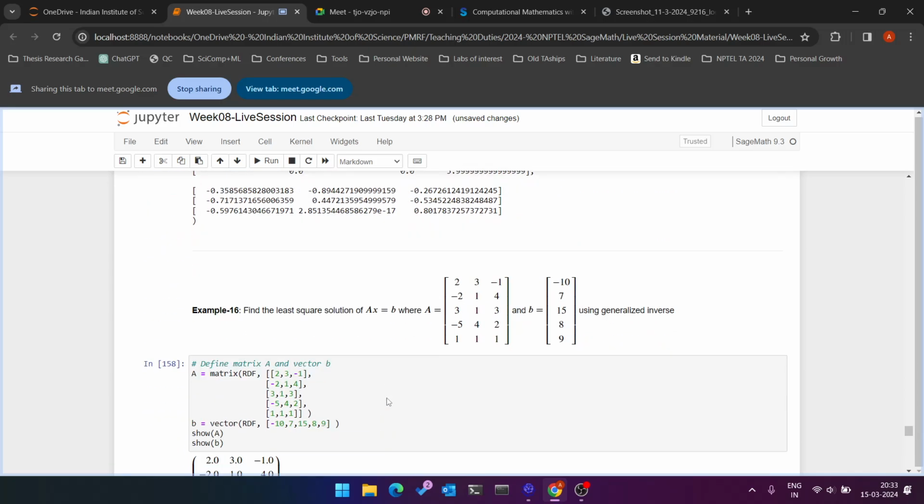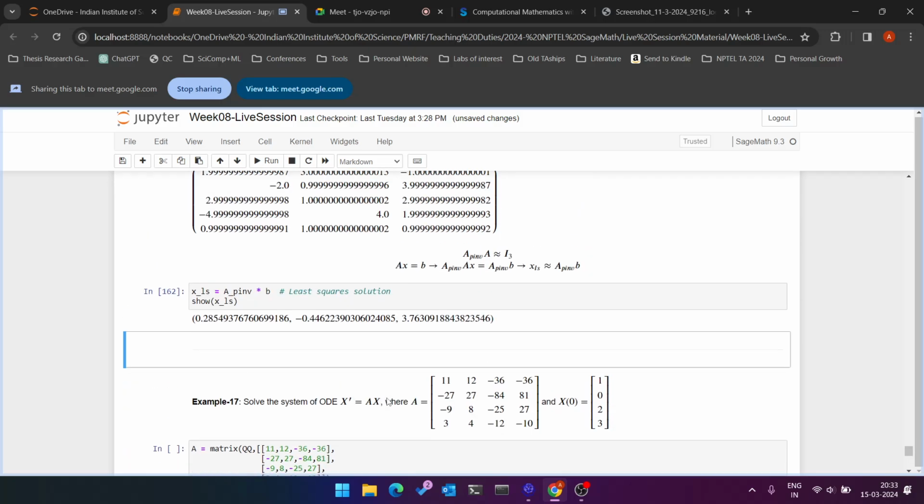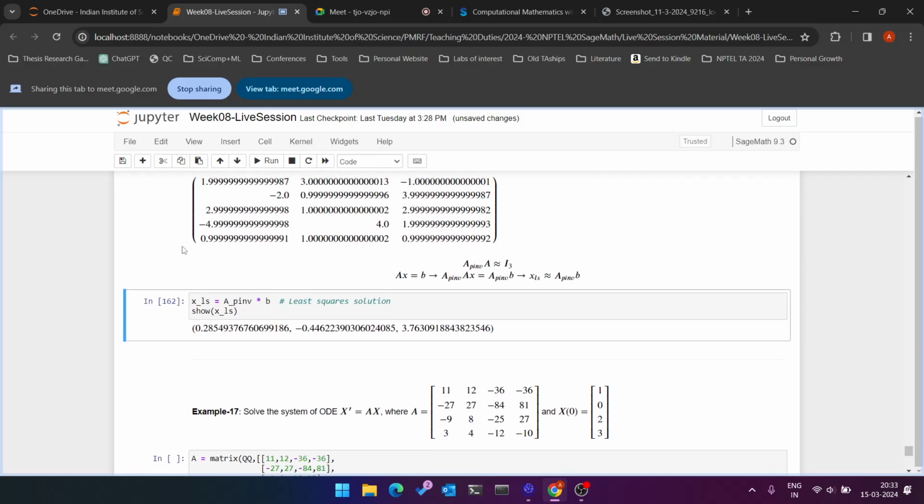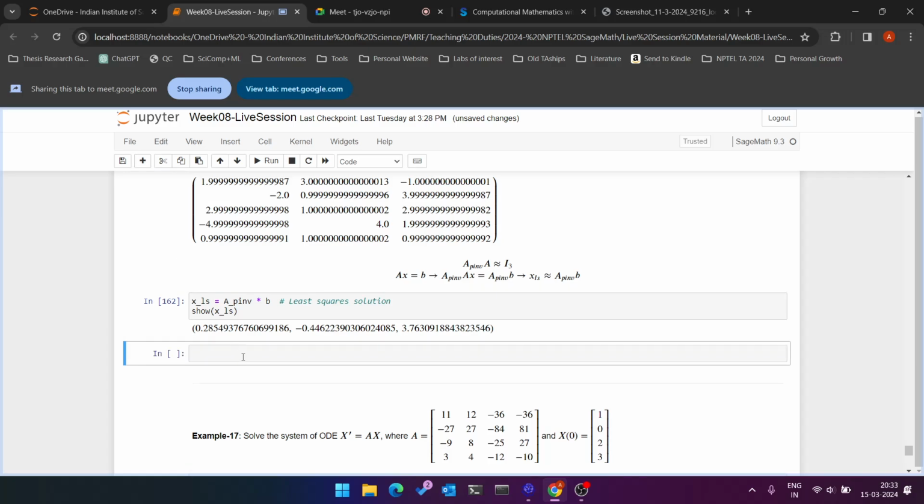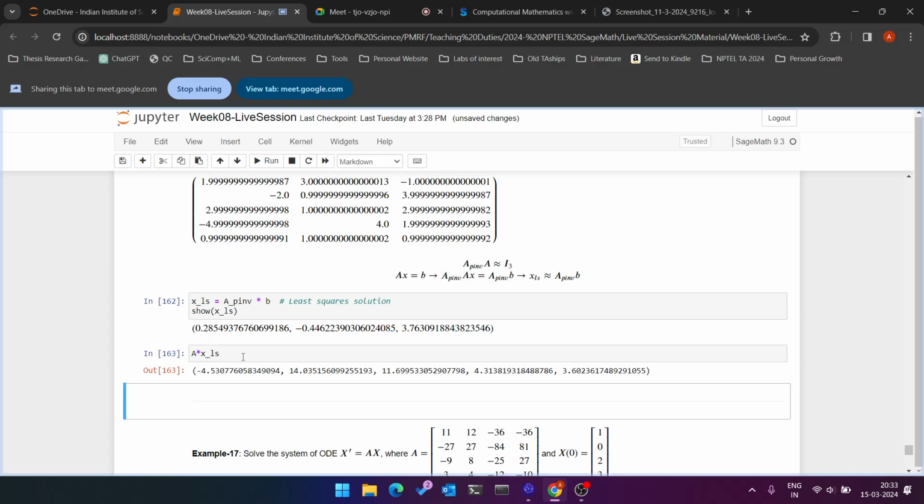And my closest point is basically A into XLS.